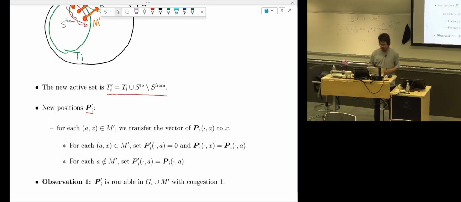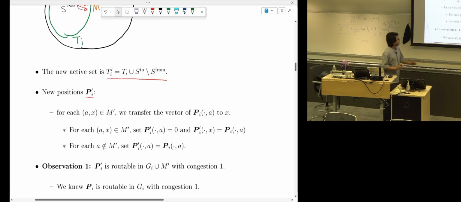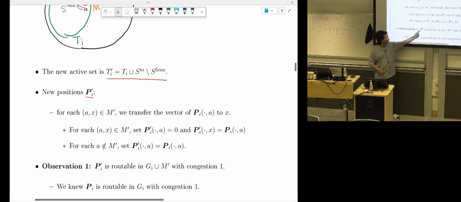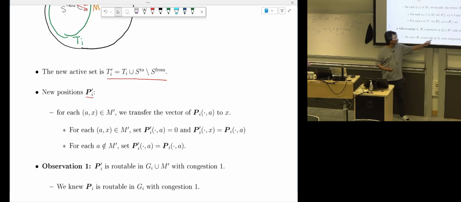First of all, we know that Pi itself, Pi before you transfer the vectors, we learned before that Pi is routable in GI with congestion 1. You remember this? This is the property of this Pi.